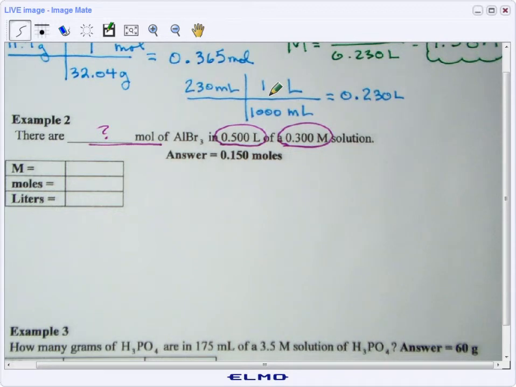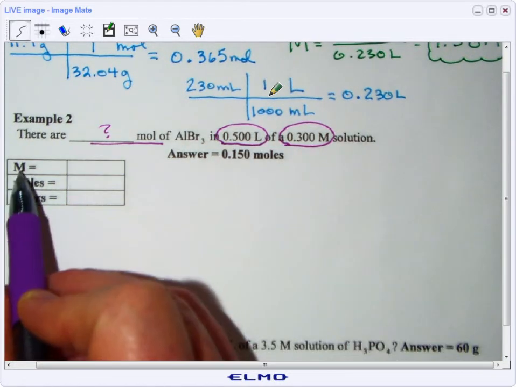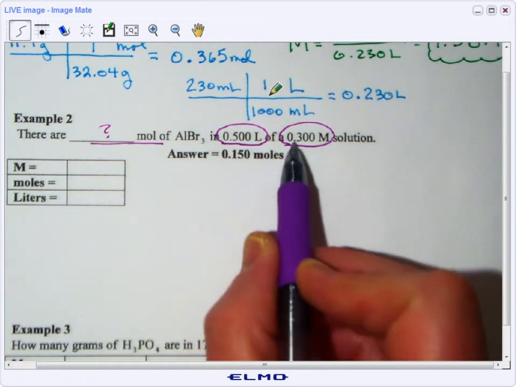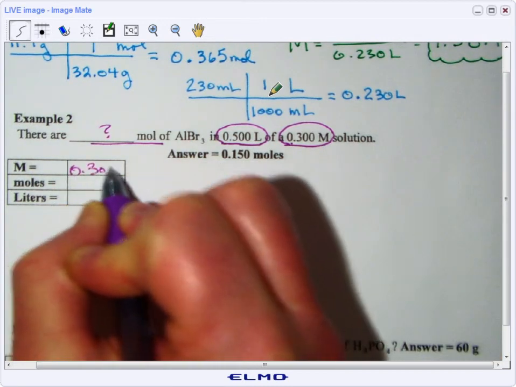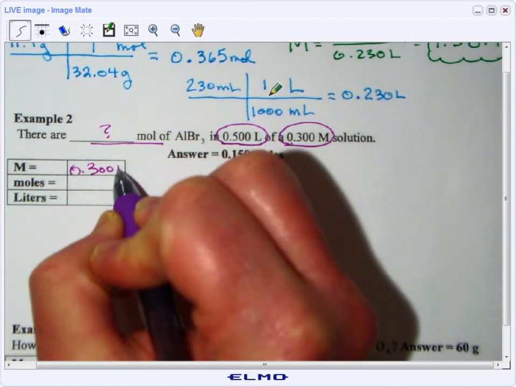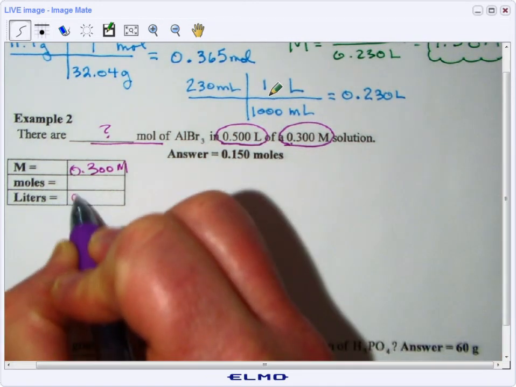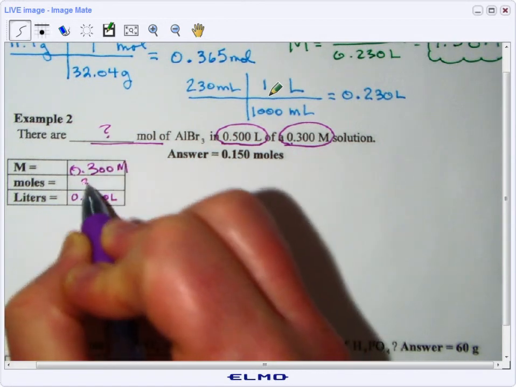So hopefully I'm going to start recognizing moles, liters, big M for molarity. So I'm going to use that formula. Let's pull our information out. They gave us the molarity. What is it? 0.300. They gave me my liters, and they asked me to find the moles.